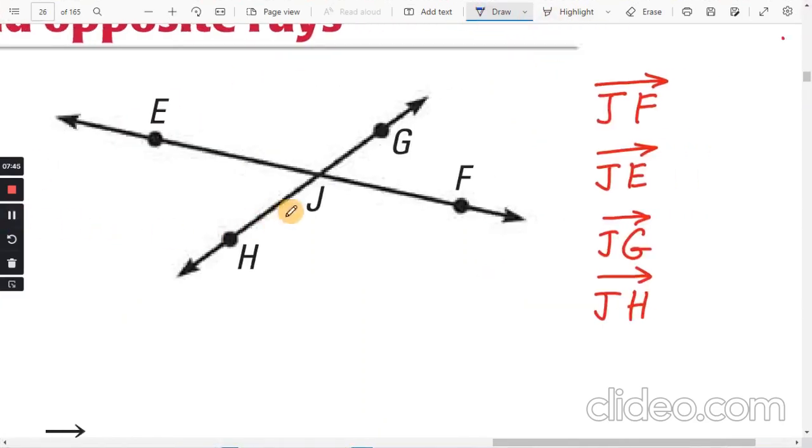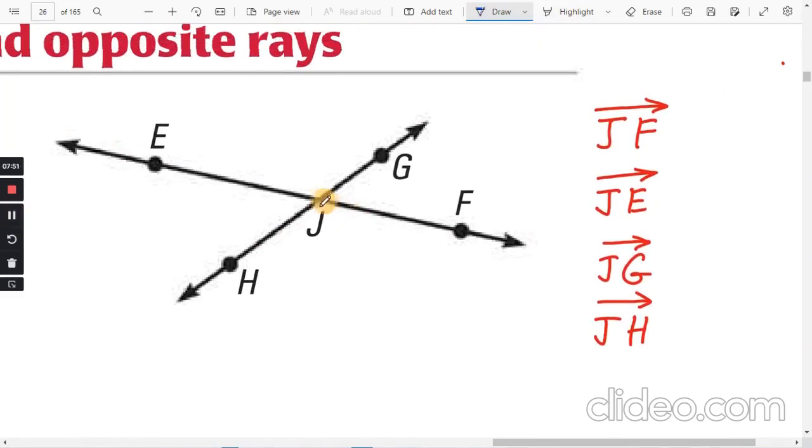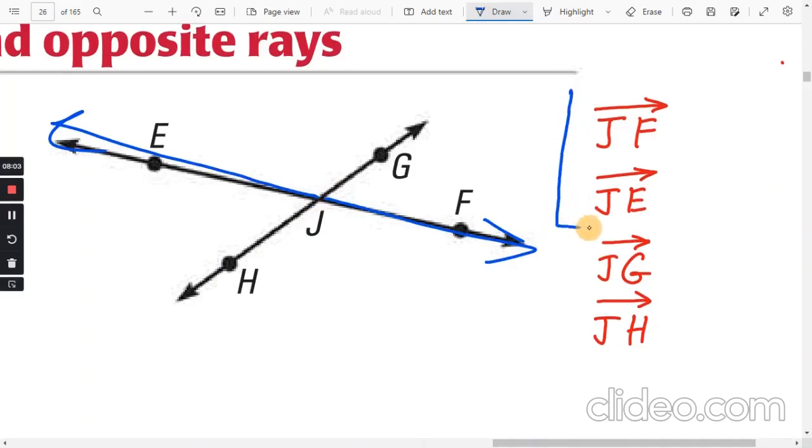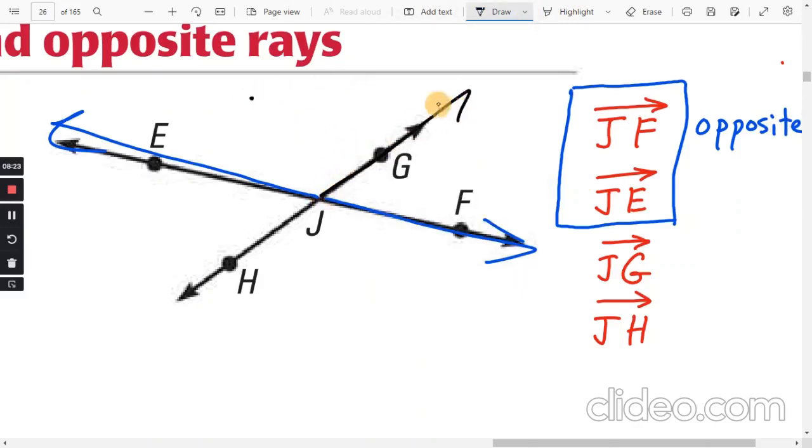Now, for the rays that are opposite rays, you want to see which ones form a line. If you look at JF, which goes this way, and JE, which goes this way, those two form a line. So these two rays right here are opposite. Now if you look at the other set, JG goes up and JH goes down.